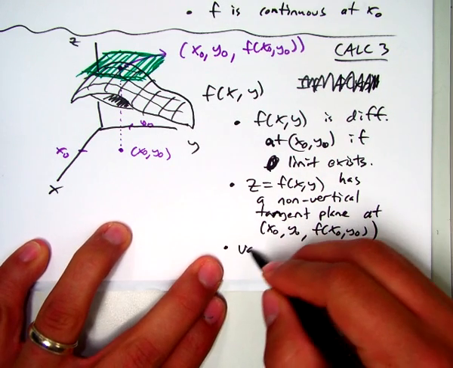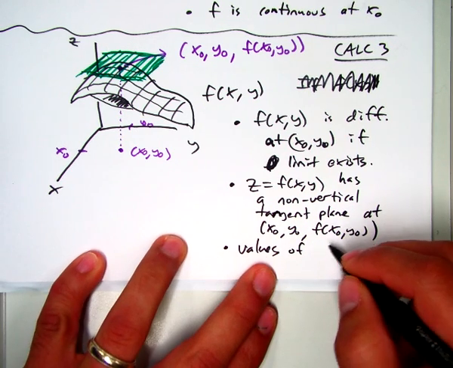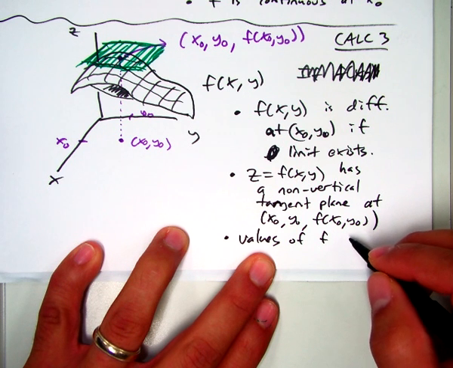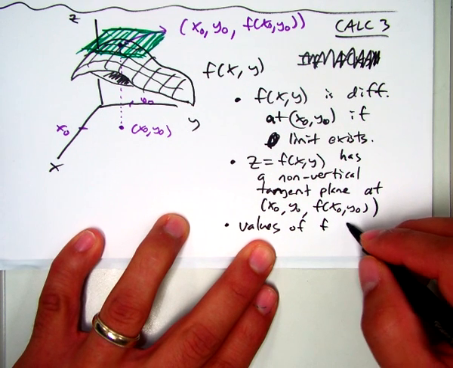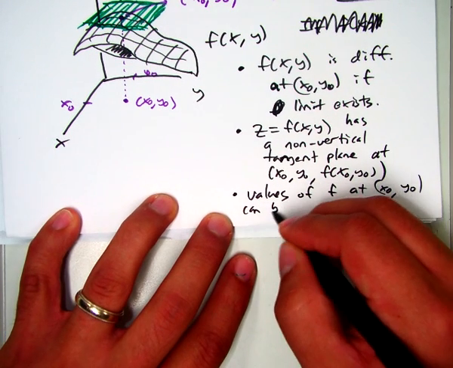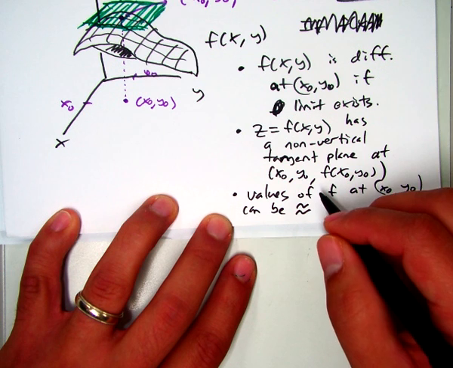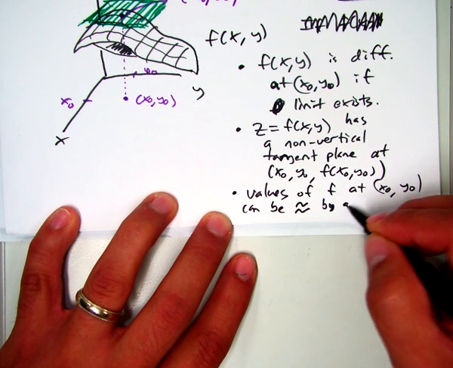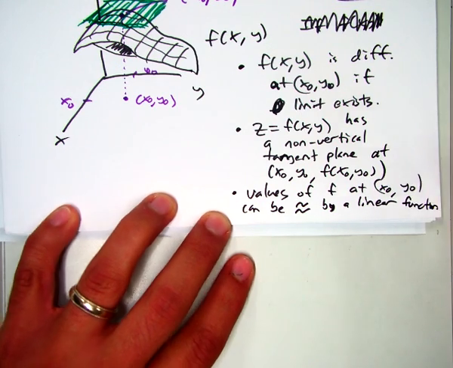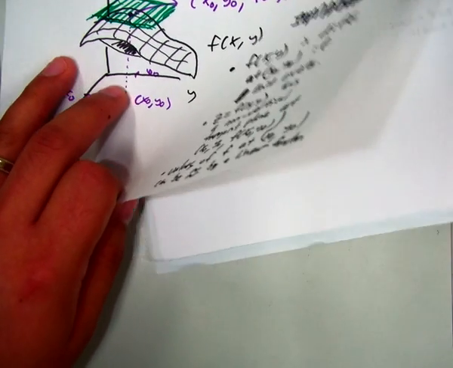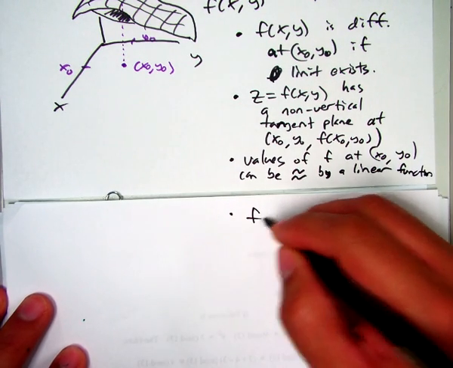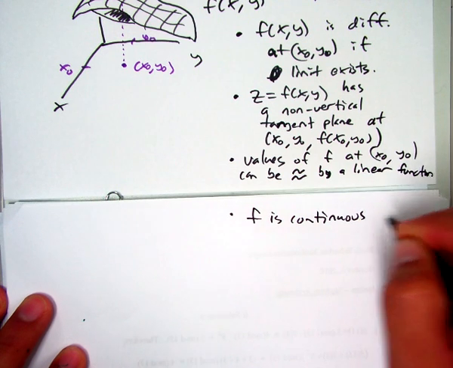The values of f at x naught, y naught can be approximated by a linear function as well. And of course, f is continuous at x naught, y naught.